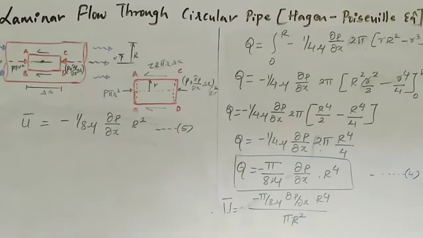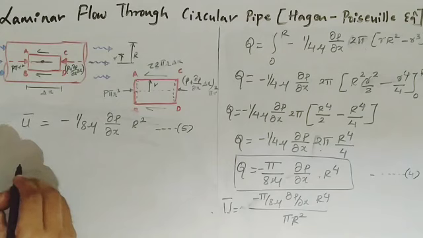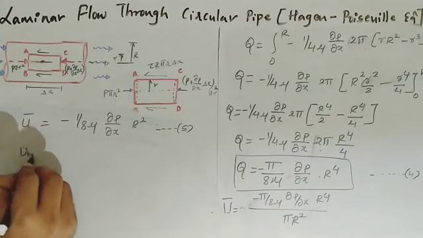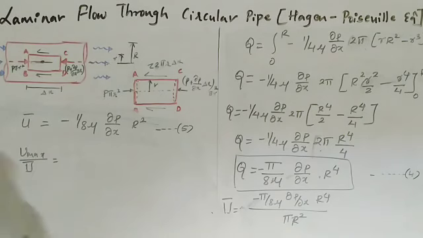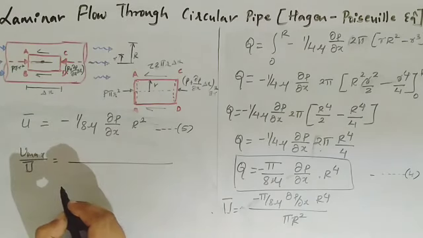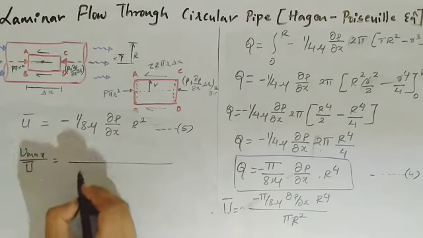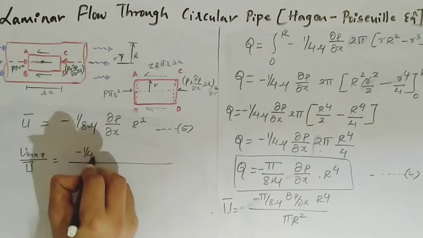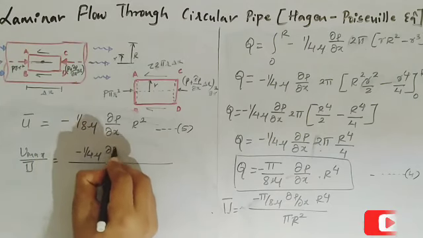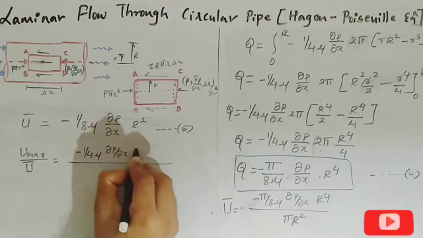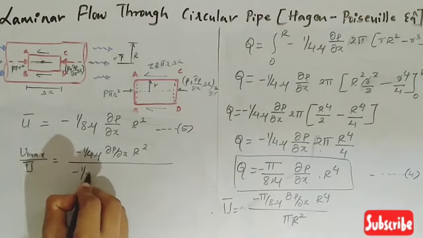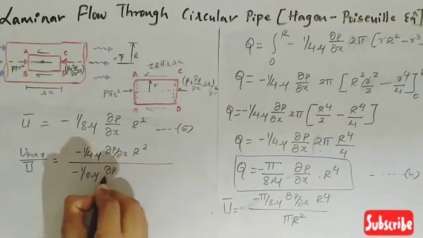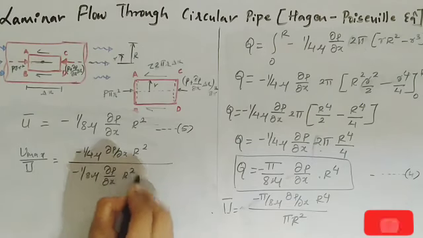Now if I divide u max by u average, what is our u max equation? U max divided by u, that is the average velocity, will be equal to, the u max value is minus 1 by 4 mu dou p by dou x into r square, whereas the average velocity is minus 1 by 8 mu dou p by dou x into r square.